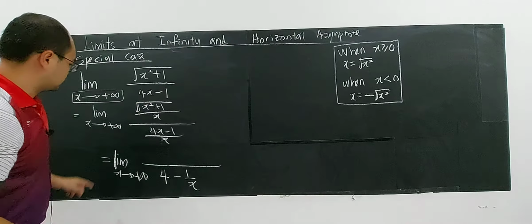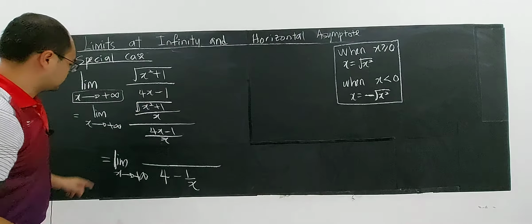So that you see, you are changing the limit as x approaches positive infinity. Of course this one also has a square root, so you can later combine them together. Both have square root, so you have x squared plus 1 over x squared, 4 minus 1 over x.